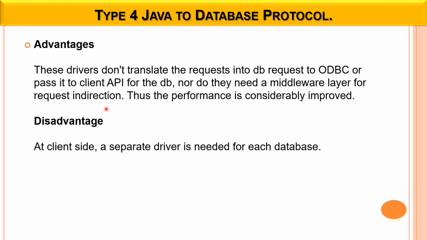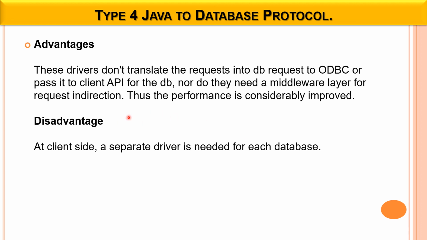Thus performance is considerably improved because there is no need for ODBC translation, no need for a client API for the database, and no need for a middleware layer for request indirection.